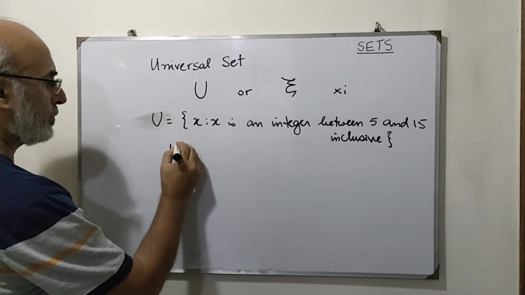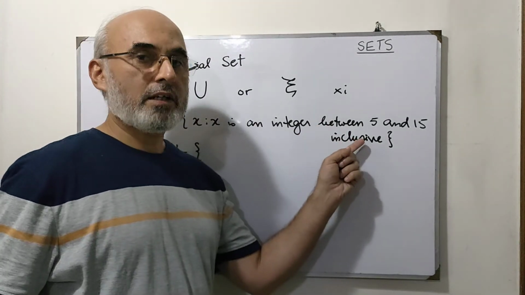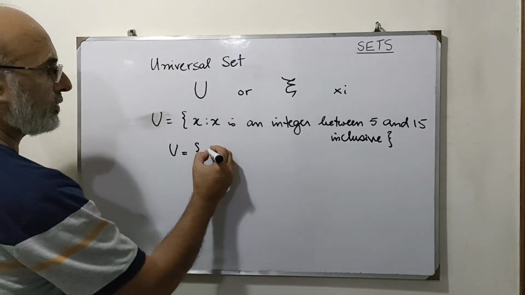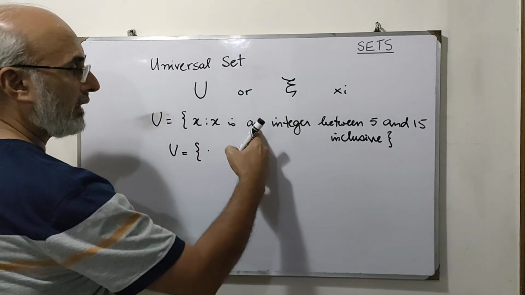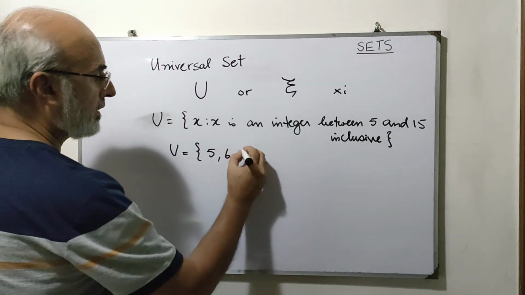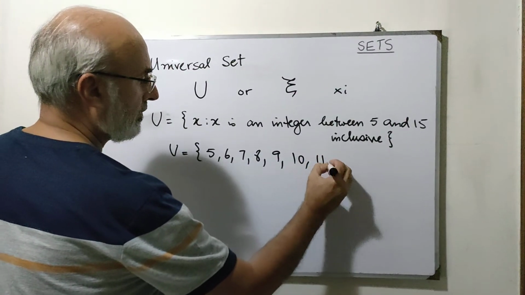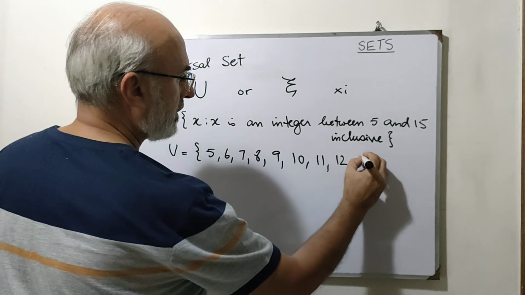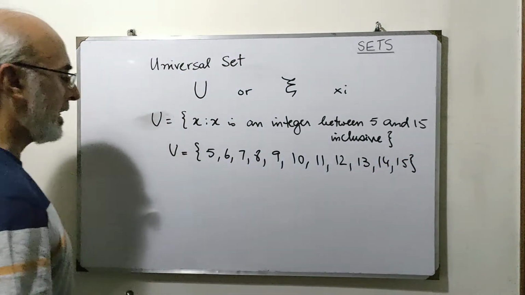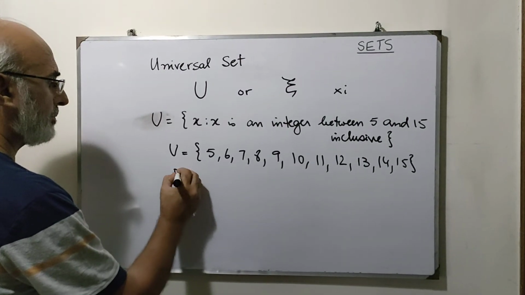So U equals, here it says inclusive. It means 5 and 15 are included. So integers between 5 and 15: 5, 6, 7, 8, 9, 10, 11, 12, 13, 14, 15.